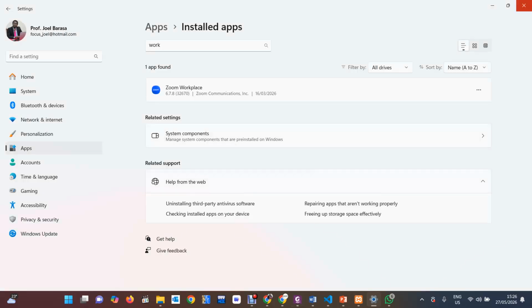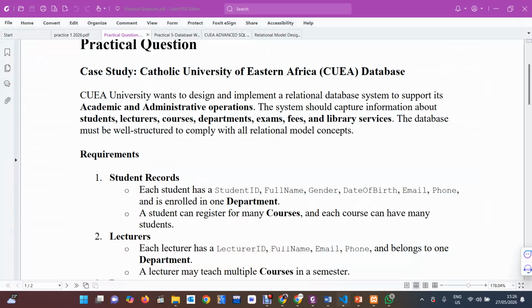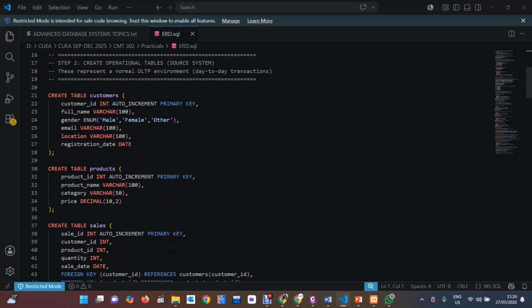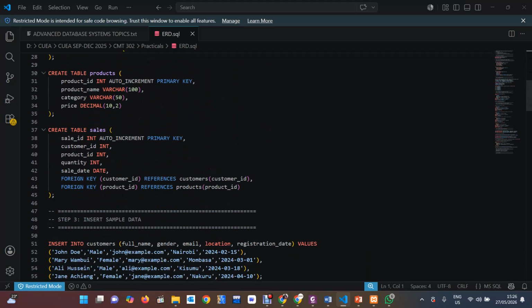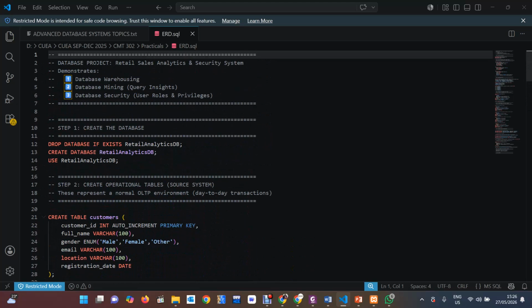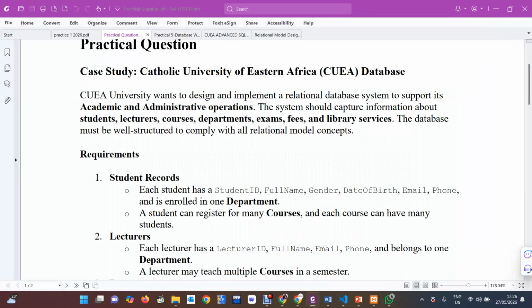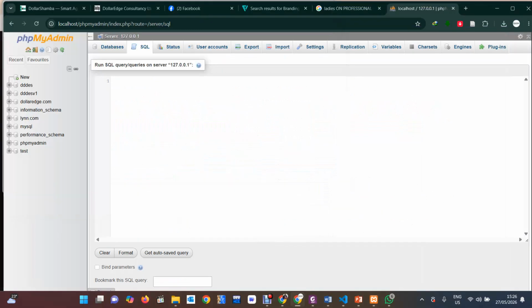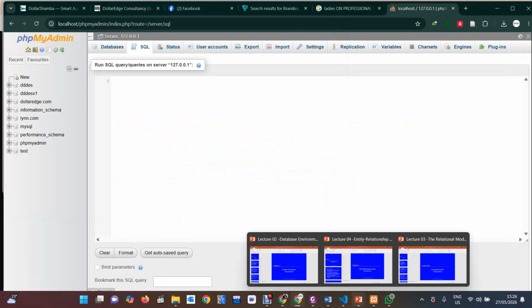Solve that. So first you install the workbench, and here's the code that you're supposed to work on. Although I want first of all to explain the concepts before I look at that.